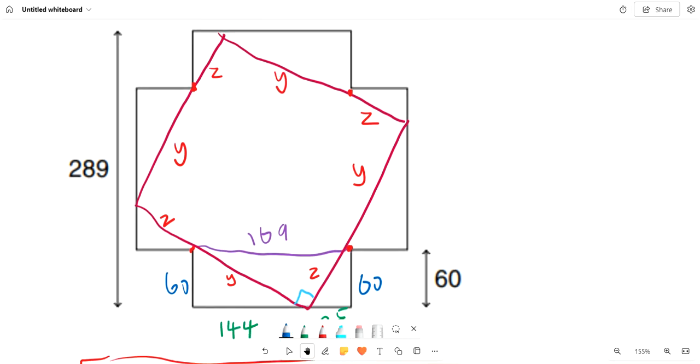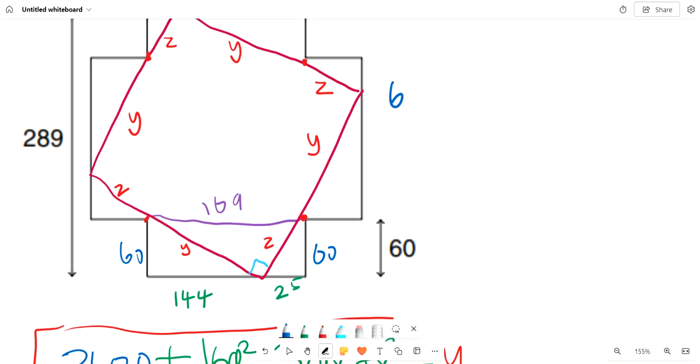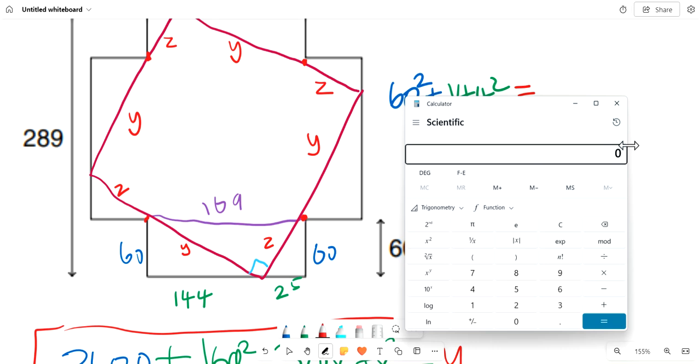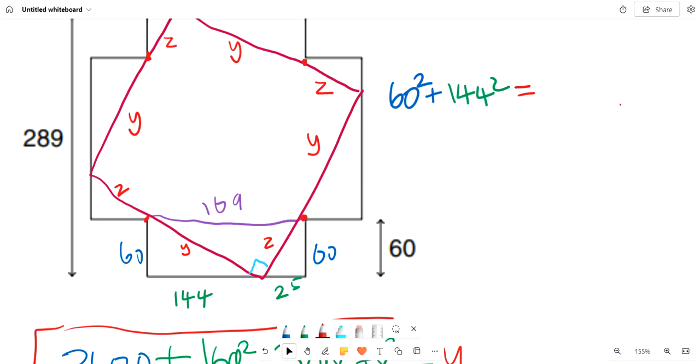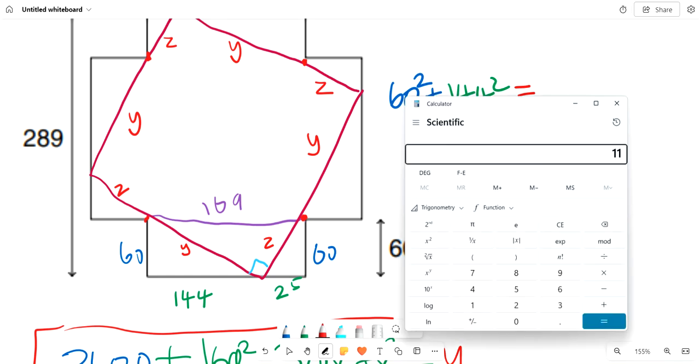And so we find y now, and y is equal to the square root of 60 squared plus 144 squared. Actually, we don't even need this, but if it doesn't allow calculators, just do it by hand.